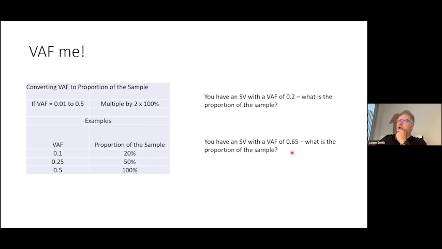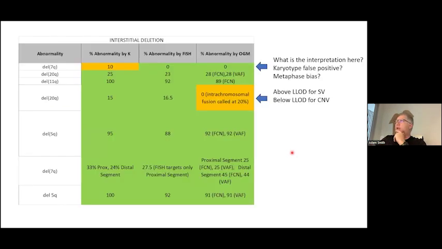But what I did want to show was that, in my past life, we've done some work where we looked at a variety of abnormalities using karyotype, FISH and OGM. And I think the overwhelming take-home message is that we actually saw relatively high concordance for these abnormalities across modalities.